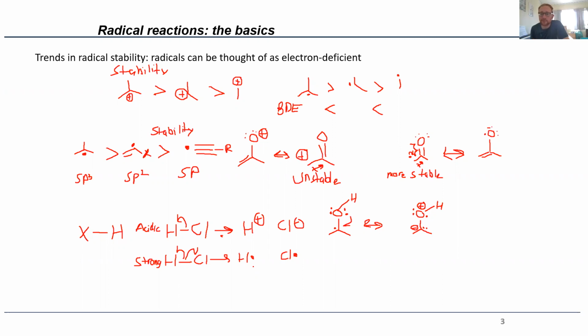And a lot of times you can also calculate acidity in the gas phase irrespective of any solution effects. And you'll find in gas phase even HCl is a very strong acid, but it's still a strong bond toward homolytic cleavage. And so these have to do really with the relative stabilities of the chloride anion versus the chloride radical. Yeah.